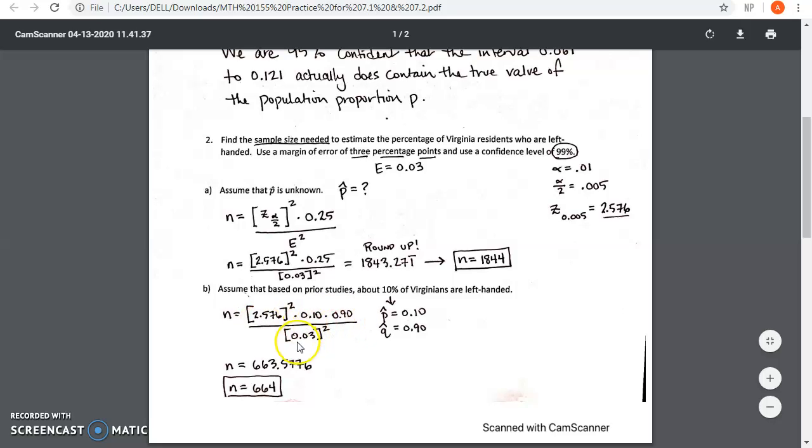The whole thing divided by your capital E, or margin of error, which is 0.03, and you're going to square that. And when you type that in your calculator, you'll get 663.5776. And again, you want to round up. So your sample size in this case would be 664.